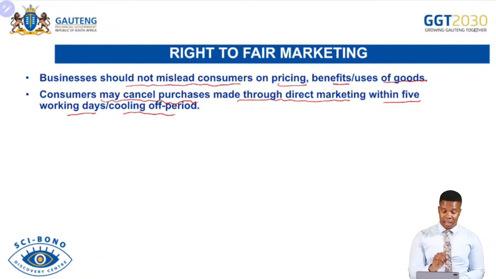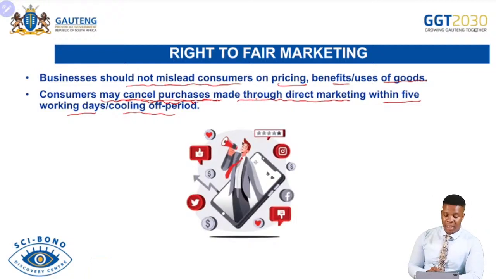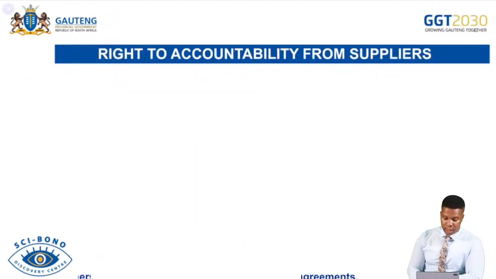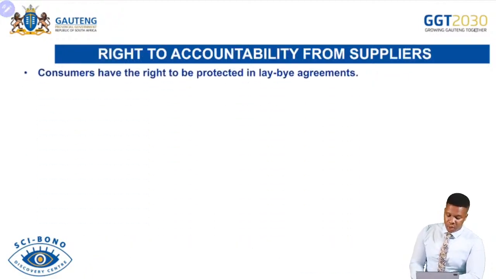So in that process, consumers have a right to cancel or return those purchases which were bought through direct marketing. So basically, the right to fair marketing emphasizes those two aspects: pricing and benefits or uses of the product should not mislead the consumer.